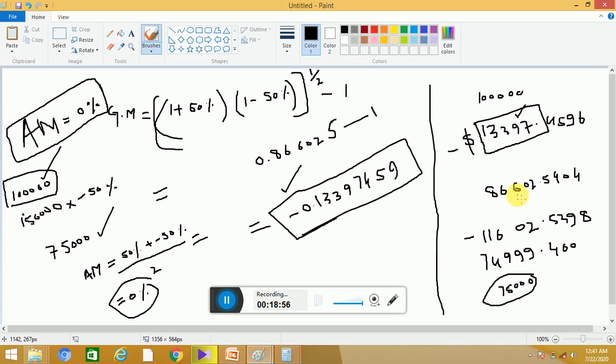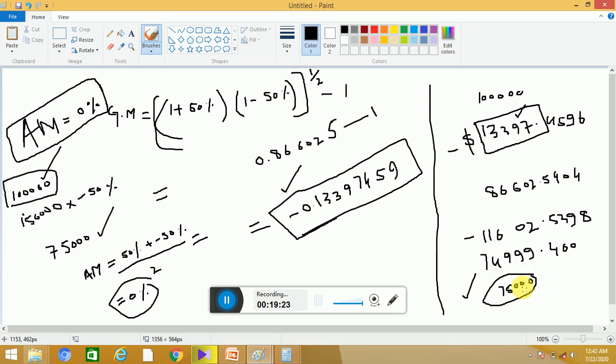On that amount, when we again calculate a 13% loss, we got 74,999, which means 75,000. So now our initial investment becomes 75,000.